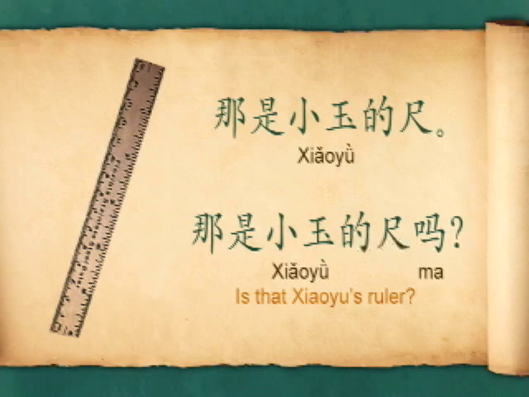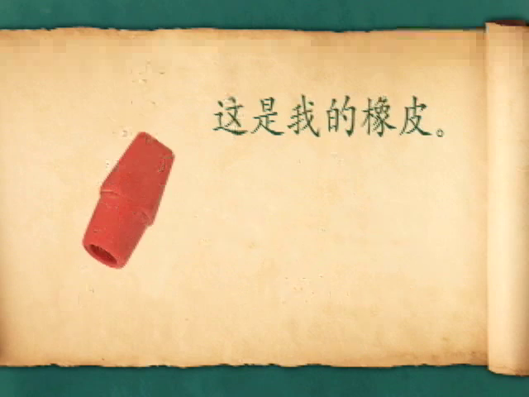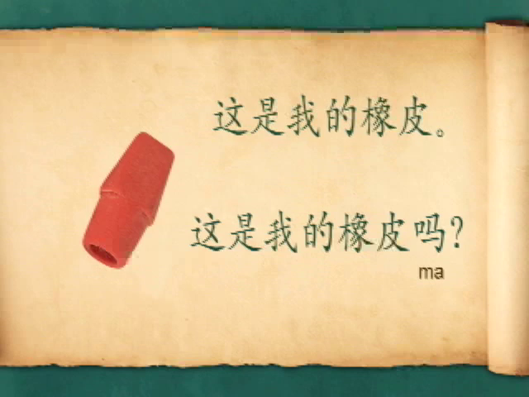Here's the last statement. 这是我的橡皮。Correct. The question formed is 这是我的橡皮吗？Is this my eraser? 很好。I think you understand how to form questions using ma.